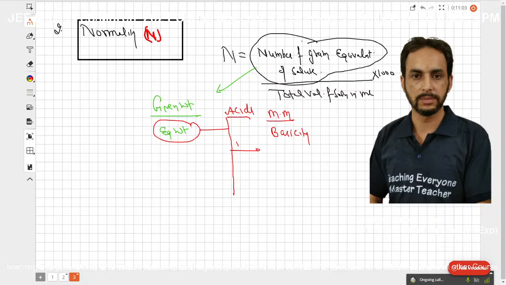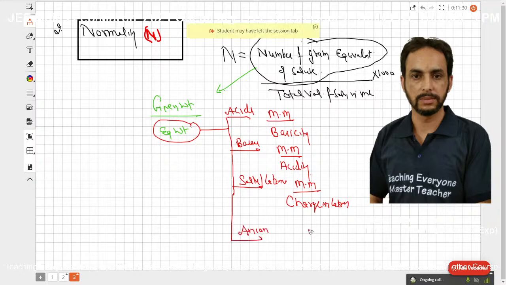For bases, molar mass divided by acidity. For salts or cations, it will be molar mass divided by charge on cation, and last case is anion, so it will be molar mass divided by charge on anion.